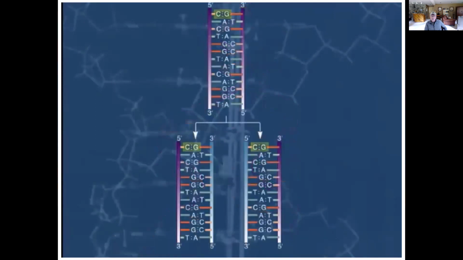By this mechanism, one double-stranded DNA molecule provides the information to create two double-stranded molecules with identical base sequences. Each copy contains one newly synthesized strand and one original strand. This mechanism is called semi-conservative DNA replication because half of the DNA molecule is conserved from the original molecule.